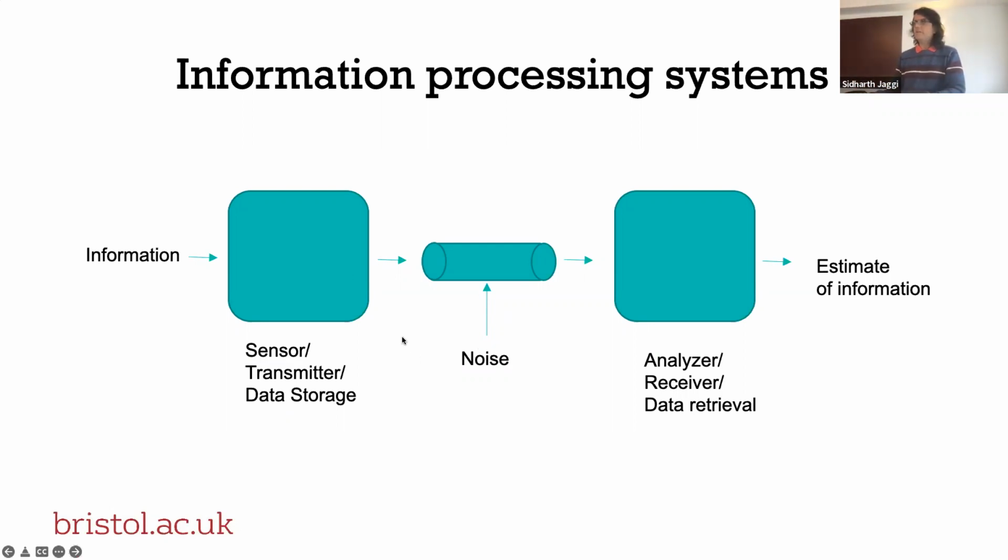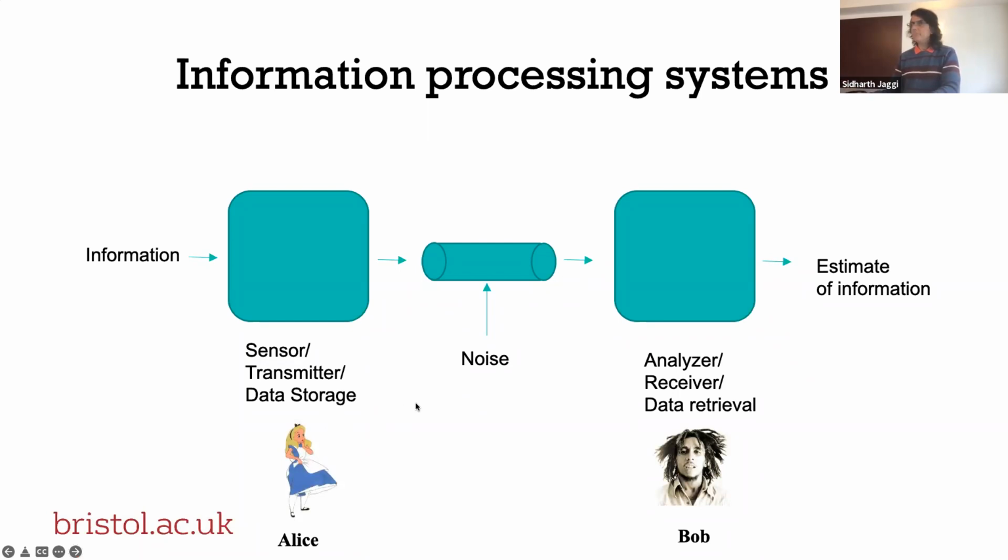And at some point, noise gets added to the system. Then eventually you want to figure out something about that information. So you analyze it. If it's a communication system, you use a receiver, you try to figure out what happened, try to retrieve your data. I'll often use Alice and Bob as shorthand for these two entities.